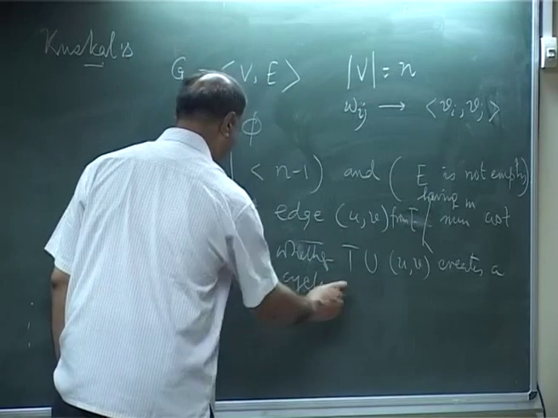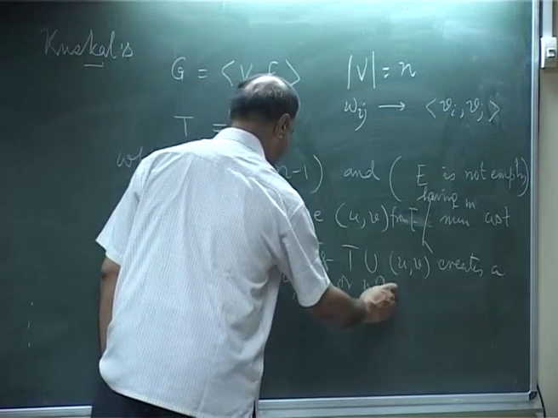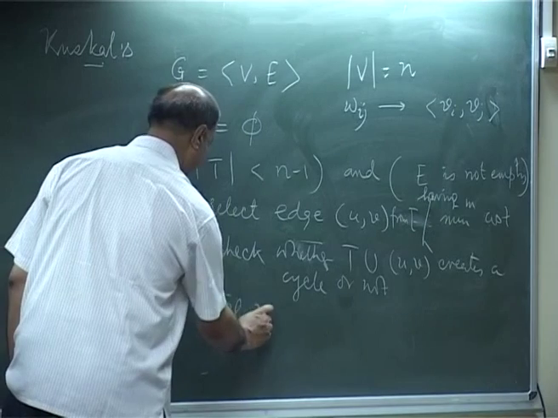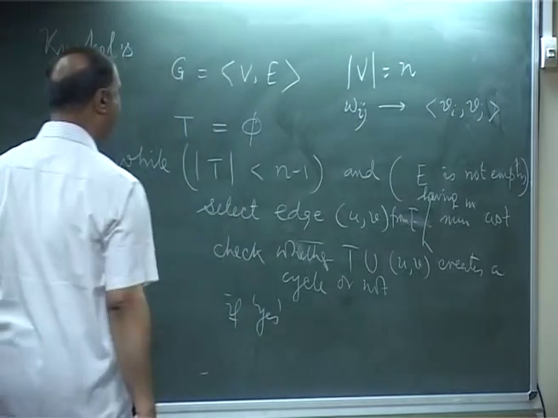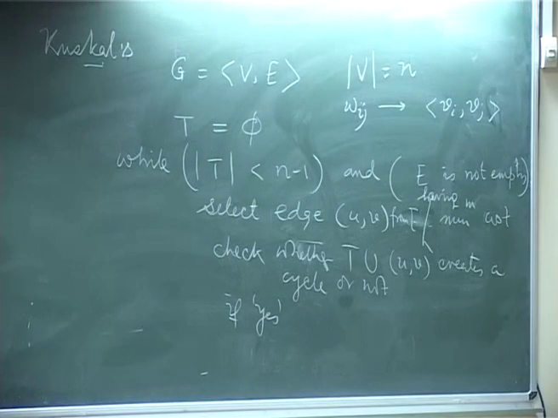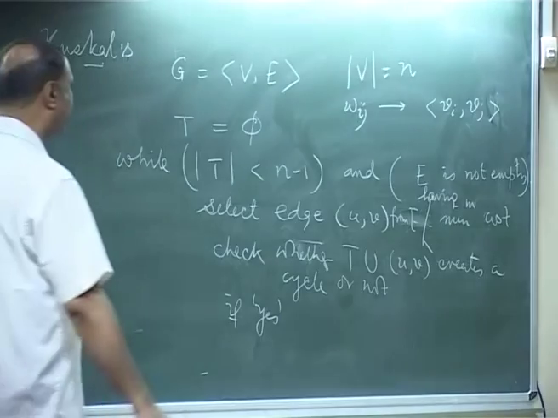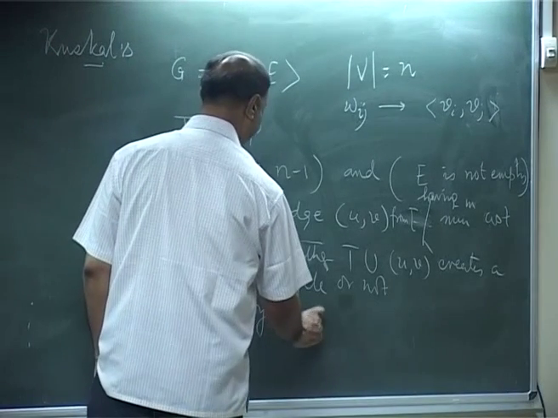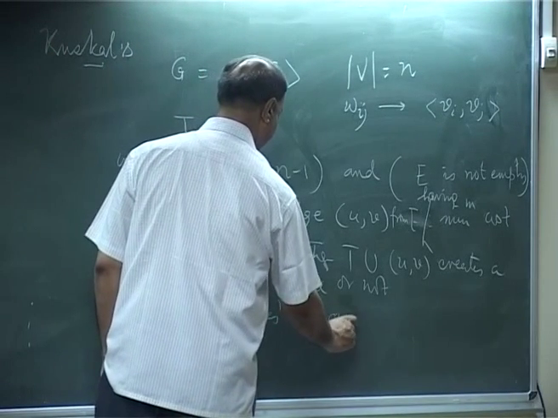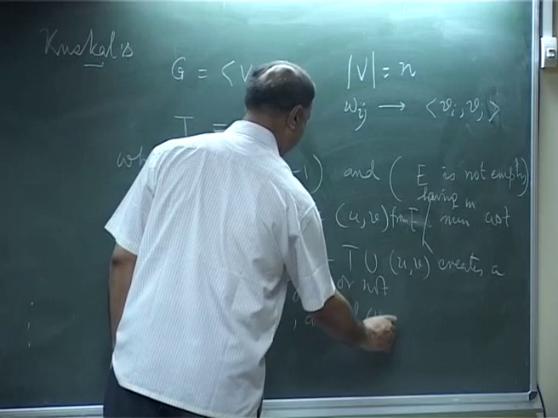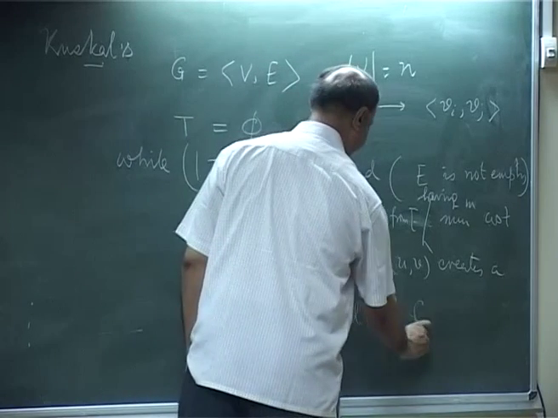Or not. If yes, then you cannot consider UV for your spanning tree, for your minimum spanning tree. You just discard UV from it.